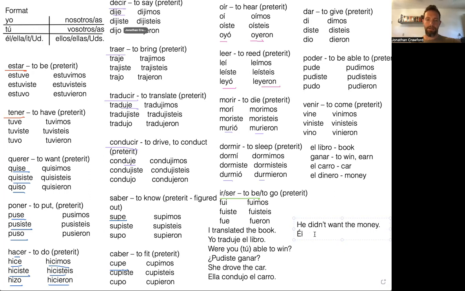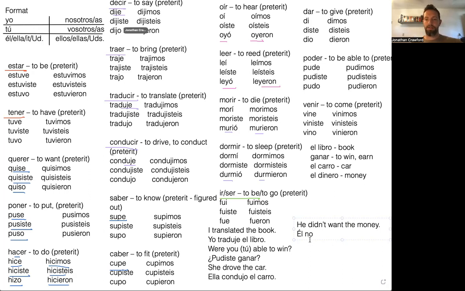Él. How do you say to want? Do you know how to negate a verb in Spanish? In English, we use don't. I don't drive. She drives, I don't drive. But in Spanish, you simply use the word no. So él no, and then the verb is to want.